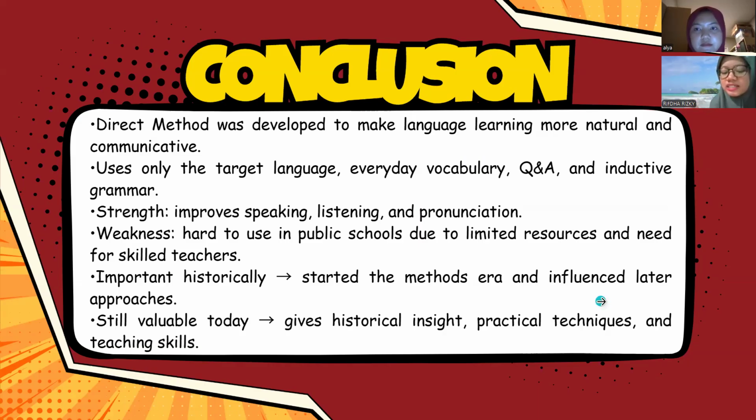It focuses on full use of the target language, everyday vocabulary, speaking through questions and answers, and learning grammar inductively without translation. Although it is effective for improving speaking, listening, and pronunciation, it is difficult to apply in public schools due to limited resources, large classes, and the need for highly skilled teachers.